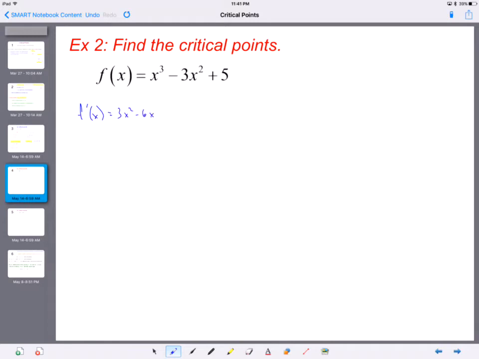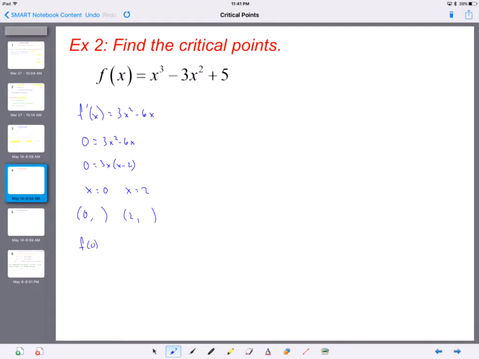Alright. We're looking for the relative max and min, so we're going to plug 0 in for the slope, and then we're going to solve for that value of x. And once again, on this one, we look like we get x equals 0 and x equals 2. So that's where the points are located in terms of x, and then to find the y, we just plug these values back in.